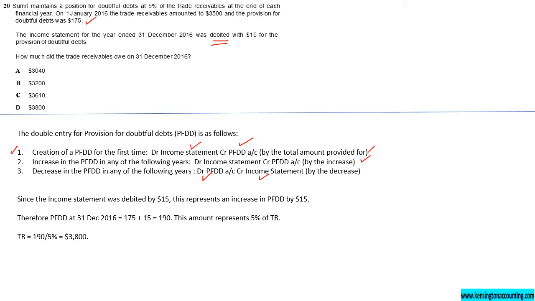In the beginning it was 175, therefore it was increased by 15, so the closing balance should be 175 plus 15, that is 190. If the closing balance is 190 at 5%, then by solving the equation, 190 divided by 5%, the closing trade receivables at the end of the year should be 3,800, therefore the answer is D.